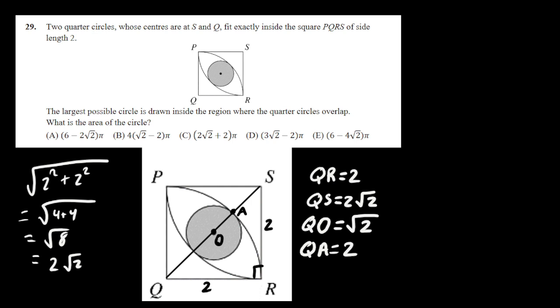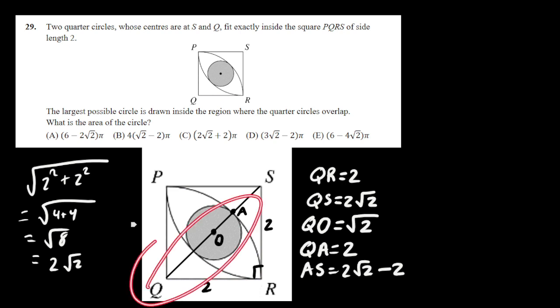That means AS would be 2 root 2 minus 2, because 2 root 2 is the QS, and 2 is QA. So to get AS, you would say 2 root 2 minus 2.